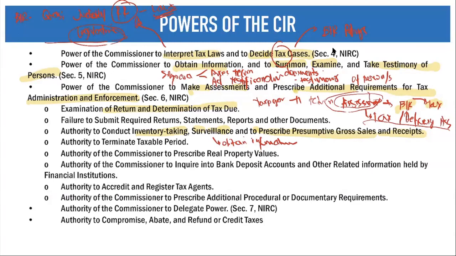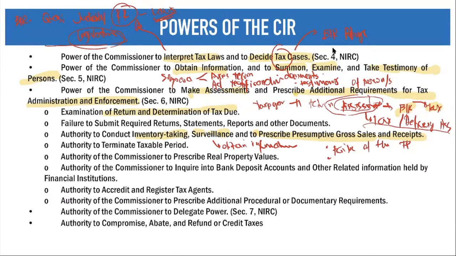Presumptive gross sales or receipts are issued only upon failure of the taxpayer to issue receipts, and another condition is if the books or records of the taxpayer are incorrect, or not correctly reflected in the tax return of the taxpayer.